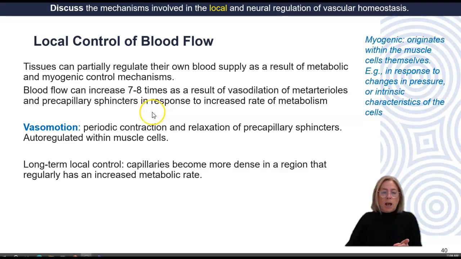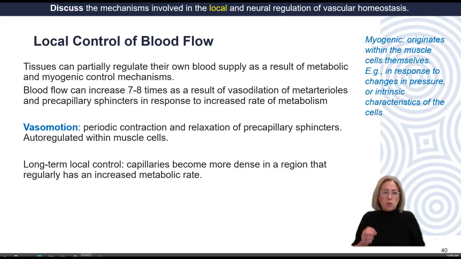And blood flow itself can increase 7 to 8 times as a result of vasodilation of those meta-arterioles and the precapillary sphincters in response to increased rate of metabolism. And that makes sense, right? Because you want to have more blood flowing through those capillary beds.